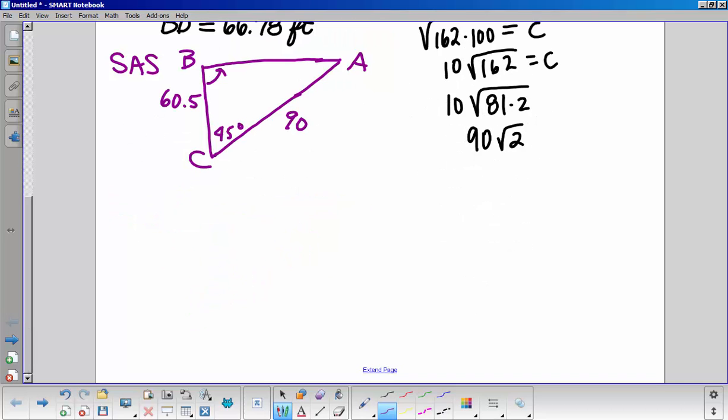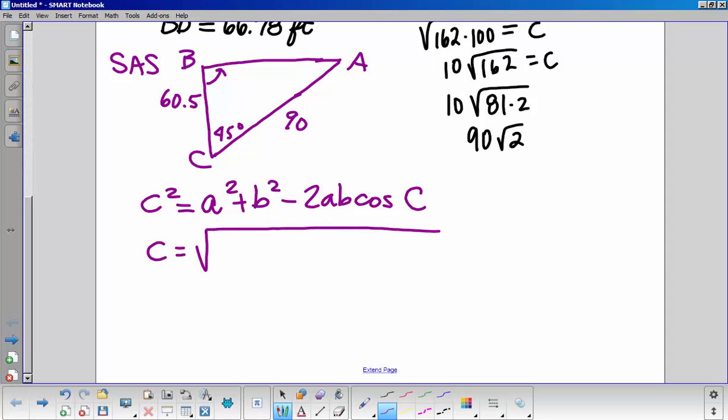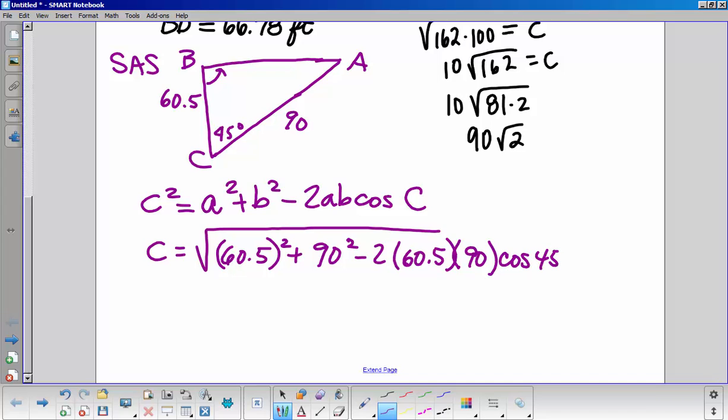We could use the law of cosines for side angle side, which is C squared equals A squared plus B squared minus 2AB times the cosine of C, right? So we know that C is going to equal the square root of 60.5 squared plus 90 squared, minus 2 times 60.5 times 90 times the cosine of 45 degrees.